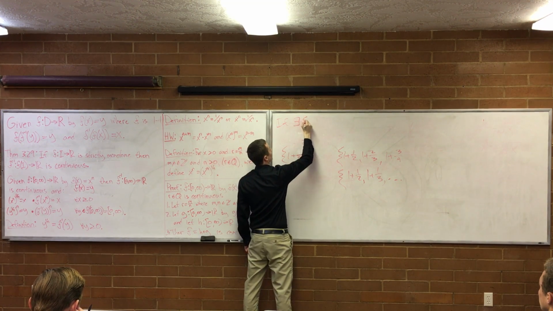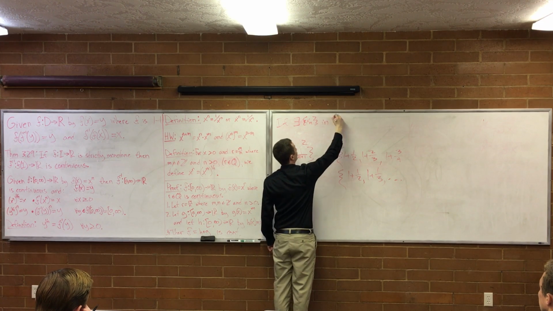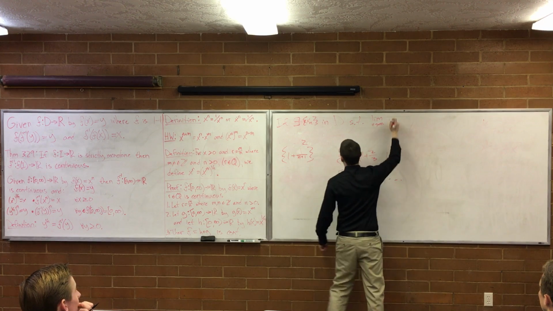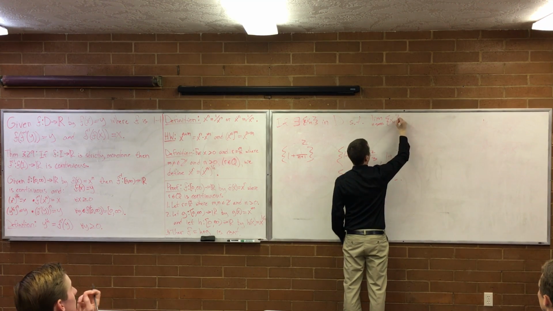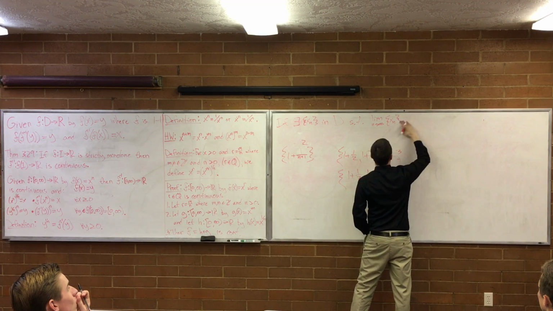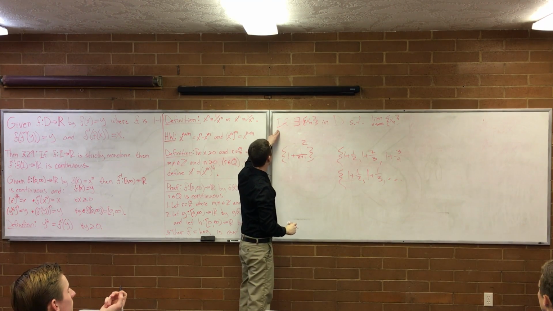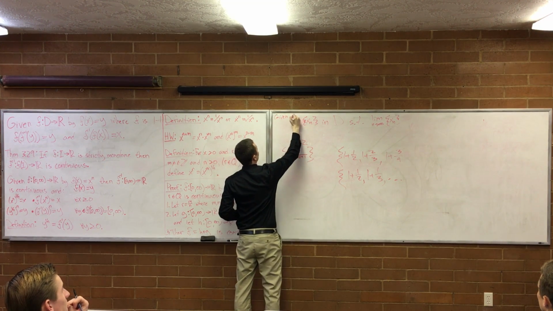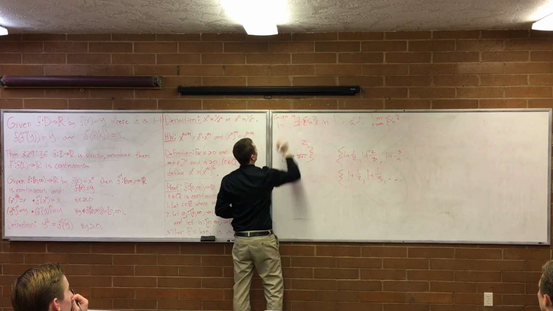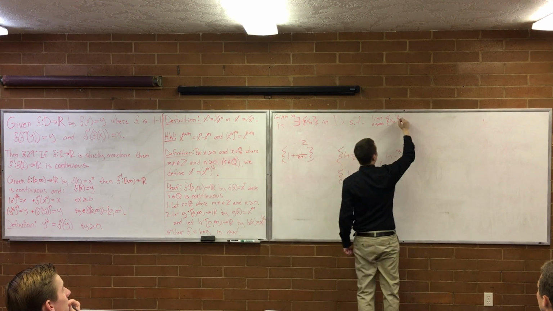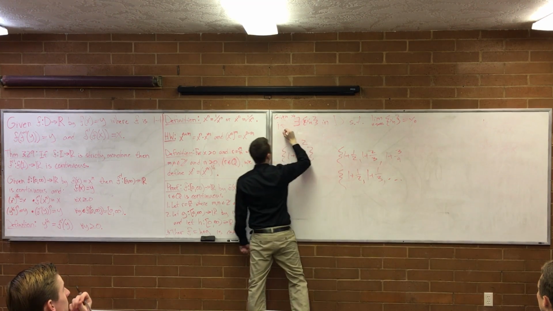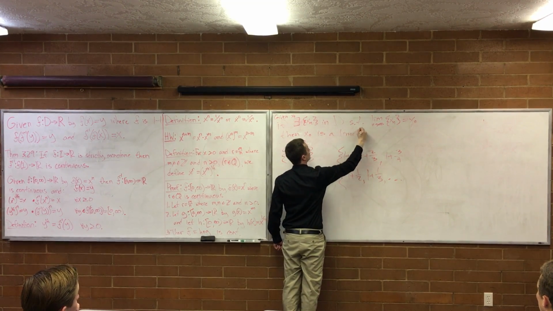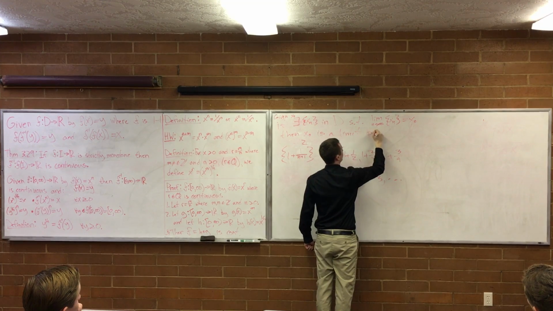If there exists x_n in D such that the limit as n goes to infinity of x_n equals x naught, then x naught is a limit point of D. We're defining it right now.